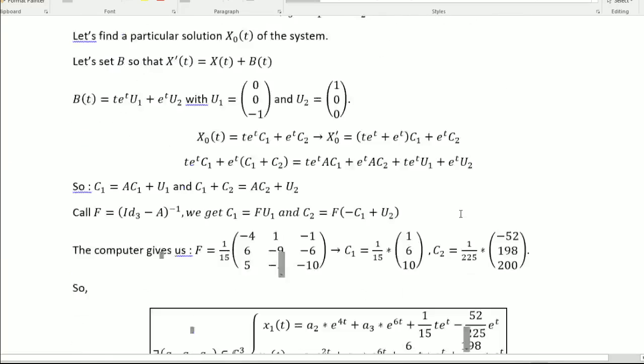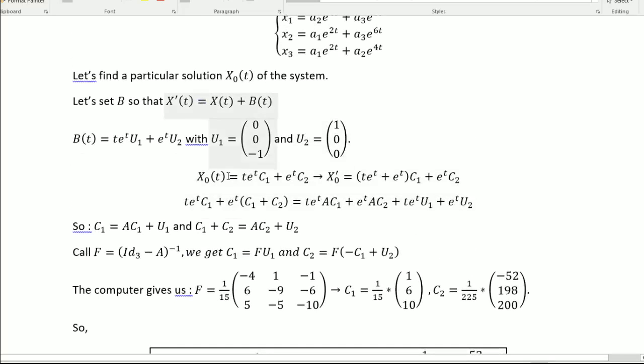So the general solution is here. That's what we say just by using the column. Okay, I missed a step here.